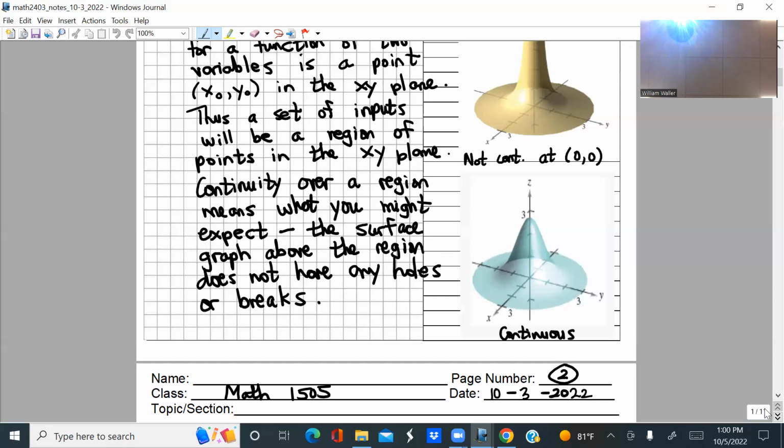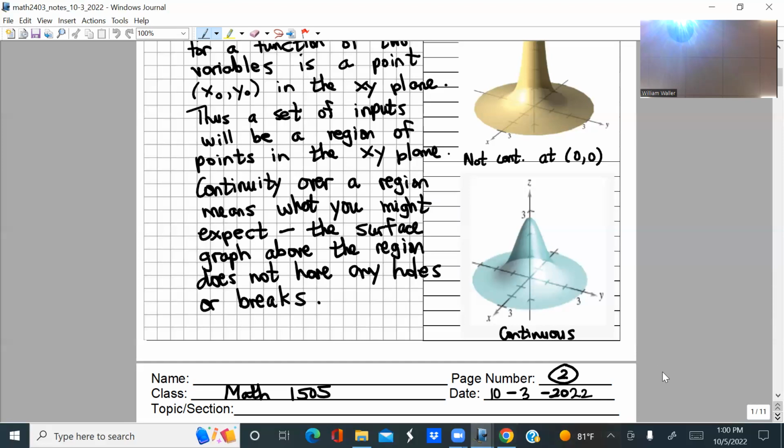And you have to think about, if I'm traveling on this surface in a particular direction toward a point, am I going up or am I going down? But if you're going in another direction, you may be going a different way. So in one direction, you may be going up; in another direction, you may be going down.